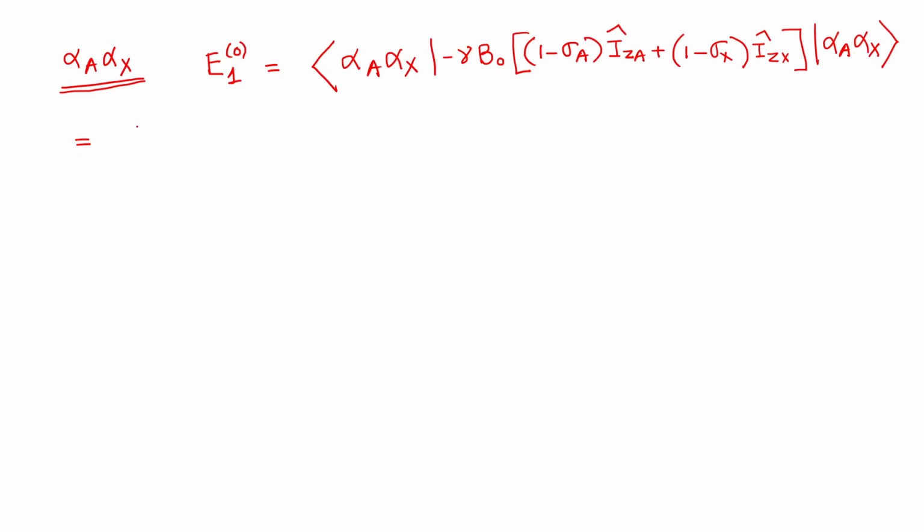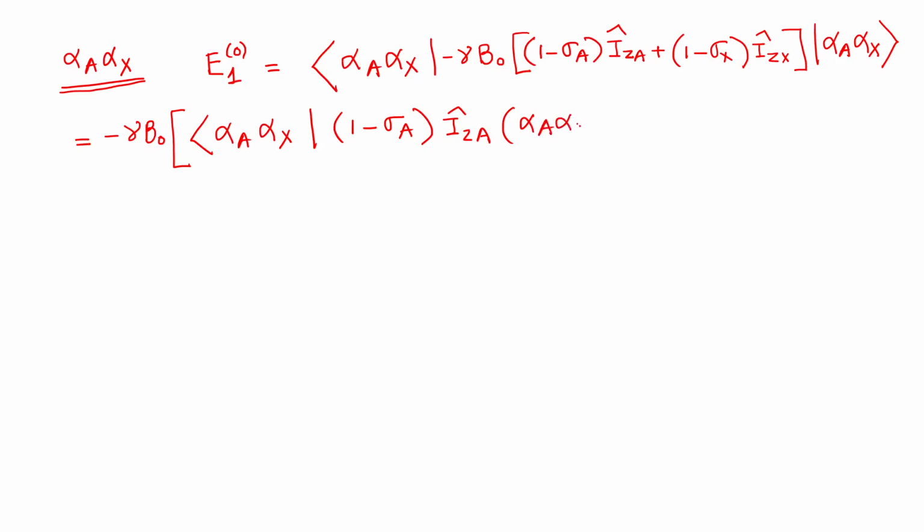So let me take gamma B0 outside. Then alpha A, alpha X, (1 minus sigma A), which I could have taken out also, is going to operate on alpha A, alpha X.